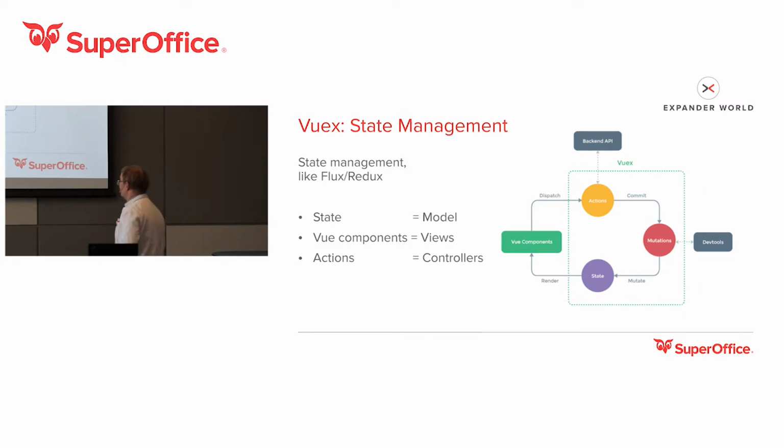We have components, which are the view part. They show HTML. We have state, data that we're getting from somewhere. And we have actions, which, in response to something you've done in the user interface, go get some more data or change the data that we have.